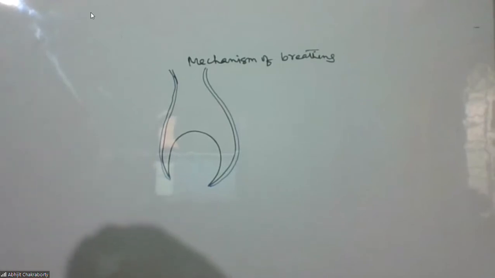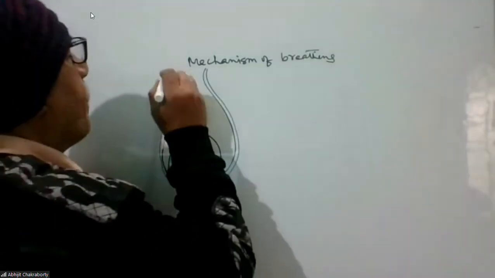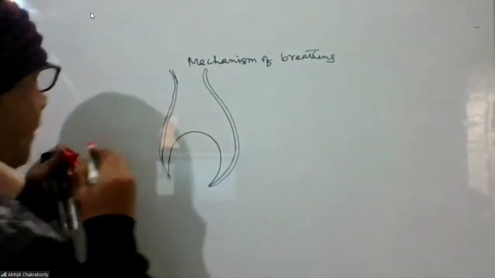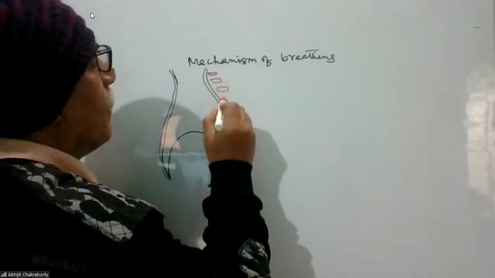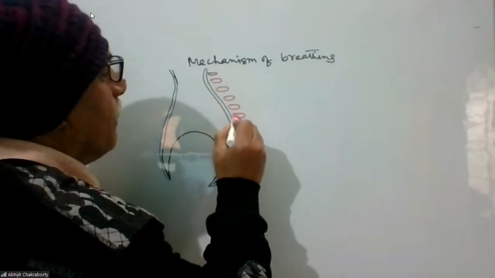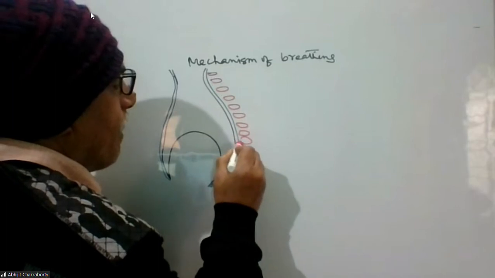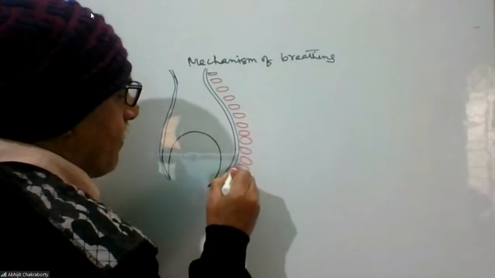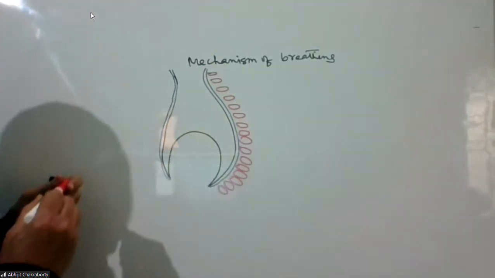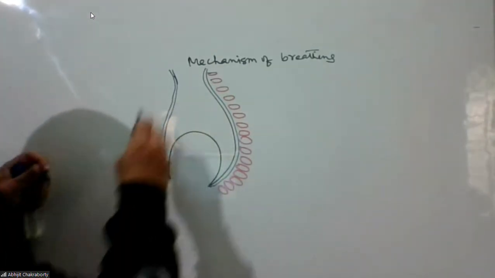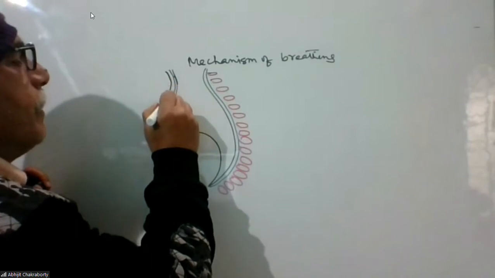On one side you will get the vertebral column, the vertebra. On the other side, the ribs.